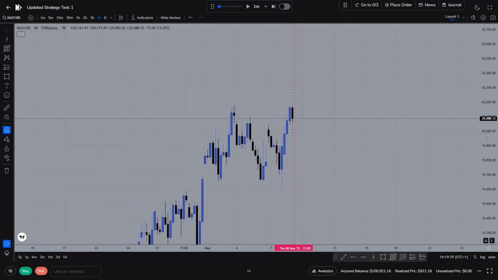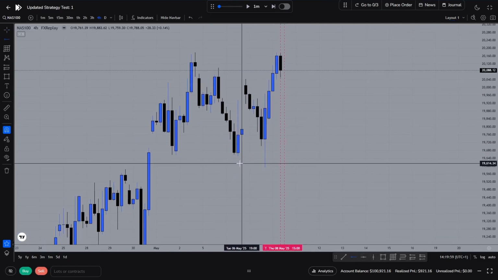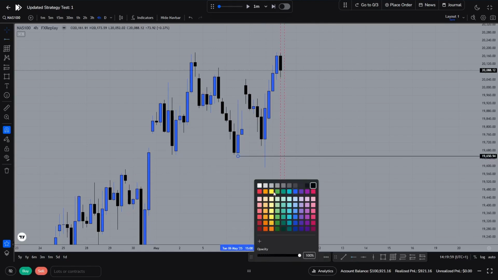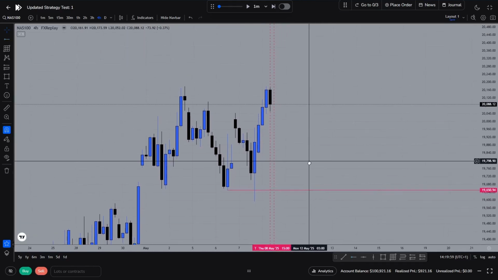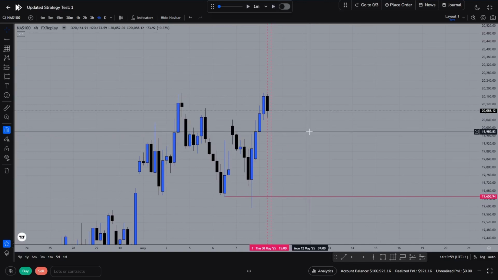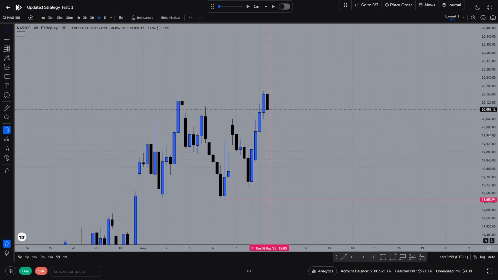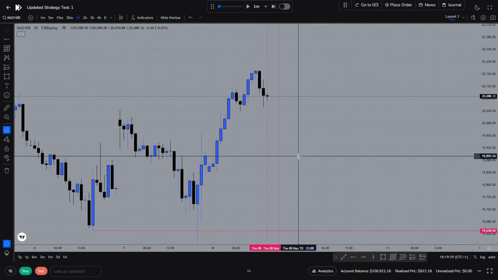Price broke structure to the upside. Oh my days, beautiful liquidity sweep right here. Can this day be any better? No, not really. FVGs left behind. I mean, there's this, but we'll see on the hourly.